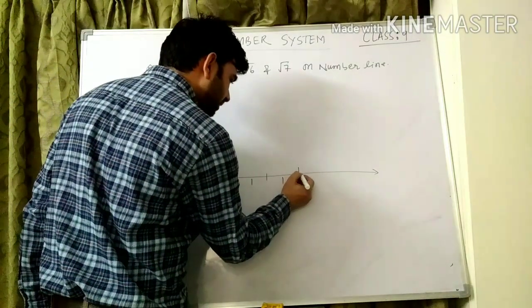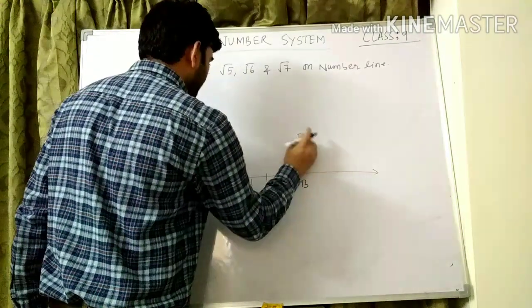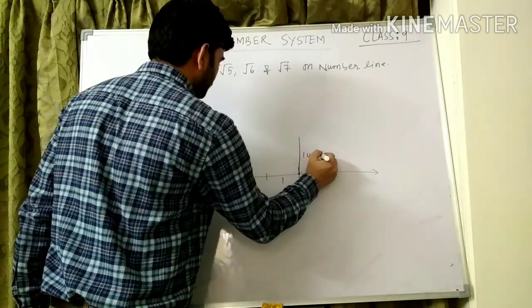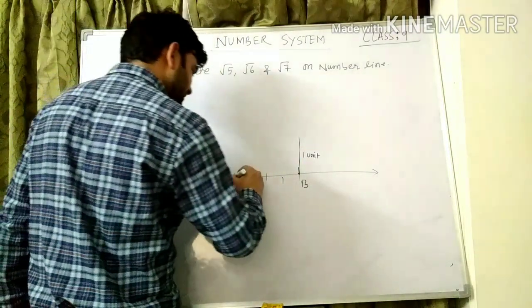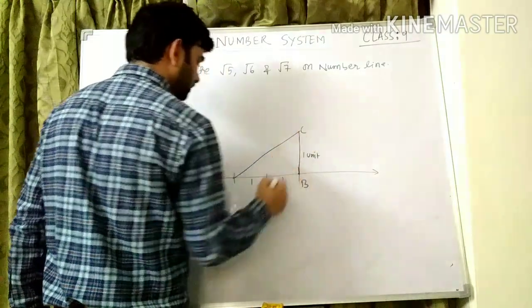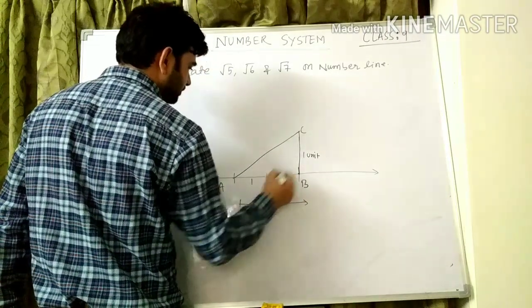on the point B I'll draw a line segment with 1 unit length. So why am I taking this 1 unit? Because this is the 2 unit length and this is the 1 unit.